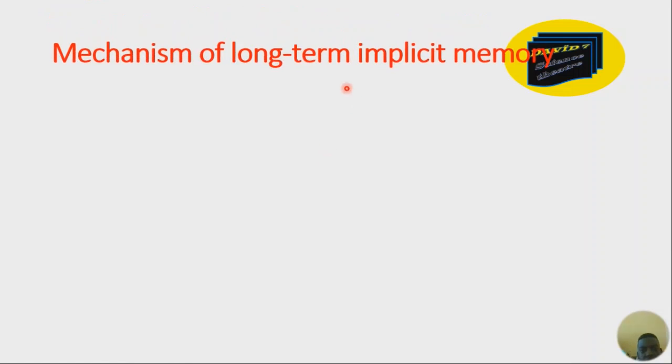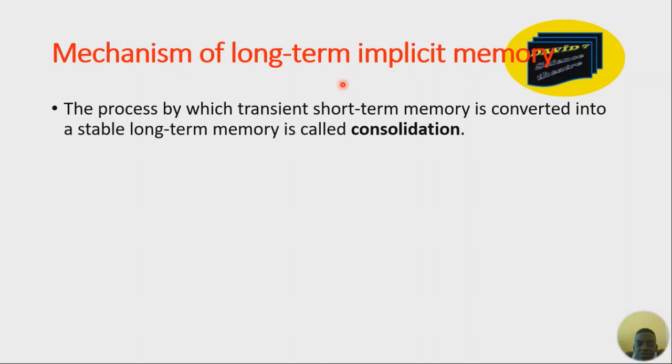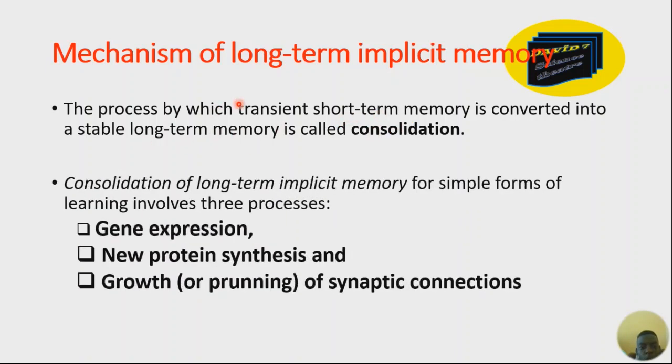So let's talk about the mechanism of long-term implicit memory. That was short-term, where they just changed the effectiveness of impulse transmission. In long-term, the process by which transient short-term memory is converted into stable long-term memory is called consolidation. Consolidation of long-term implicit memory for simple forms of learning involves three processes.